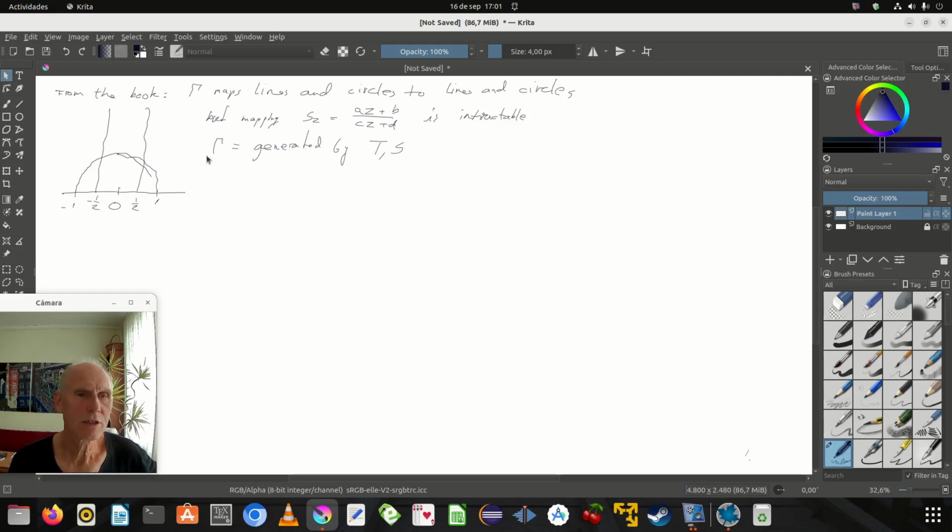And T is a translation, 1 unit. So that's simple, it's geometrically simple. S, however, what does that do? And first I took a vertical line and checked what it did.